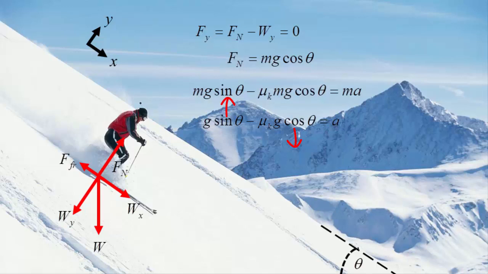The net result is greater acceleration down the hill. Conversely, if the angle decreases and the slope is flatter, then the normal force increases, so friction increases, while there is less gravity along the direction of the slope to pull the skier down.